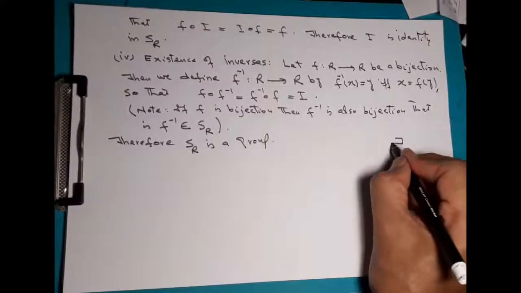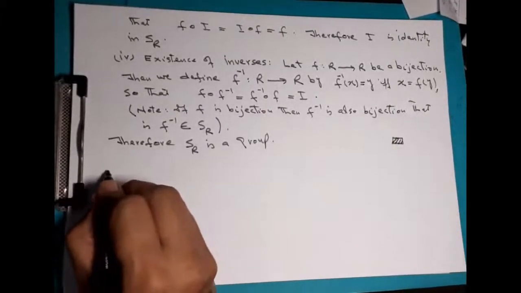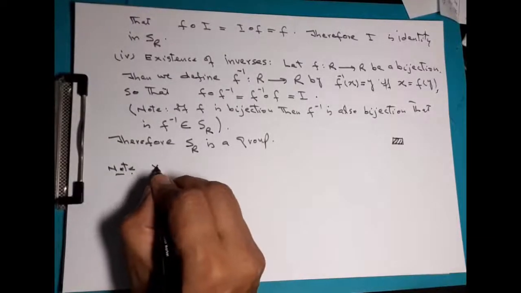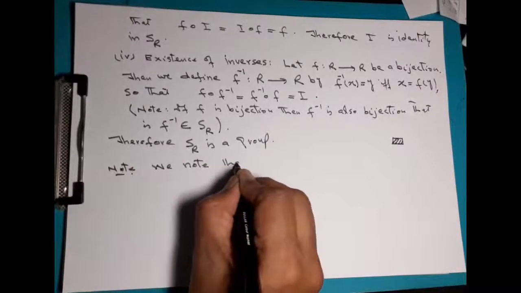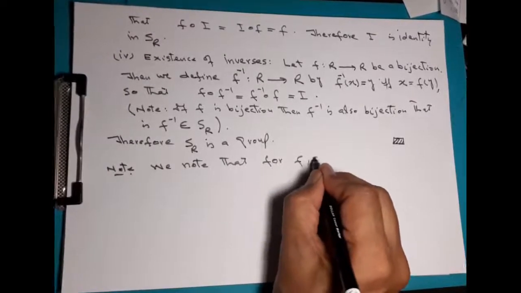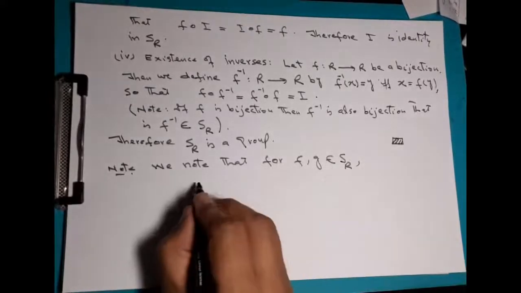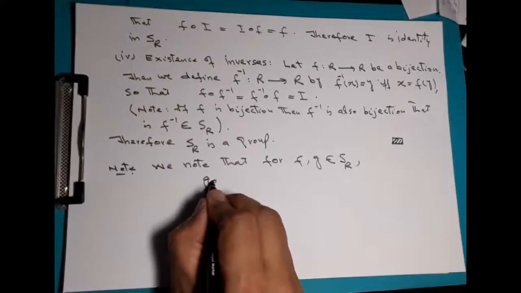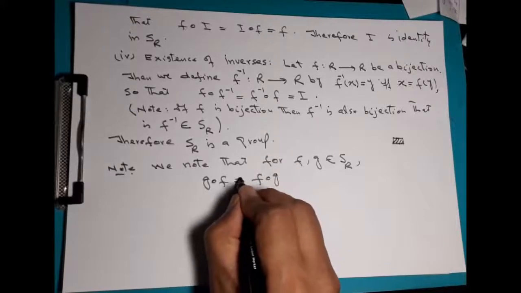Having done that, let's make an observation. We note that for two bijections f and g belonging to SR, if we compose g with f, and then we compose f with g, they may not be equal.